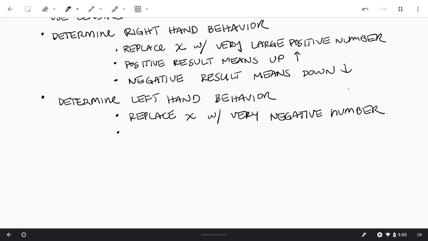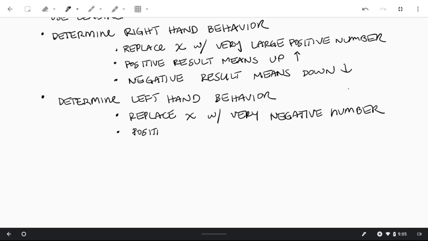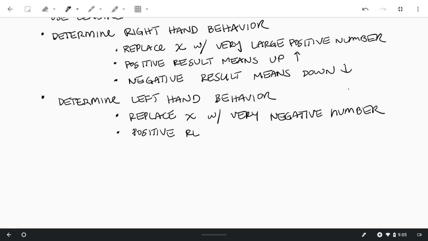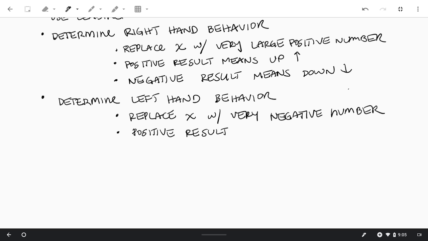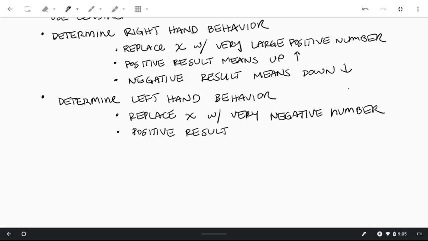And again, positive result means up. Negative result means down.